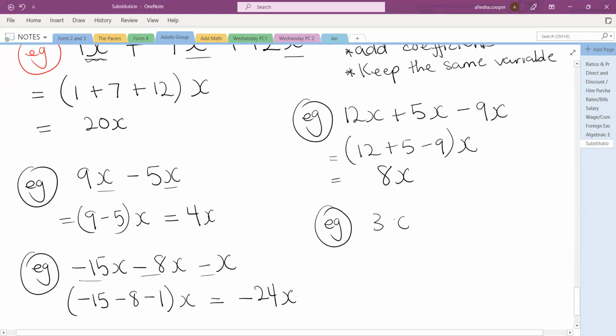What about 3x minus 7x? Again, 3 minus 7x, which will tell us negative 4x.